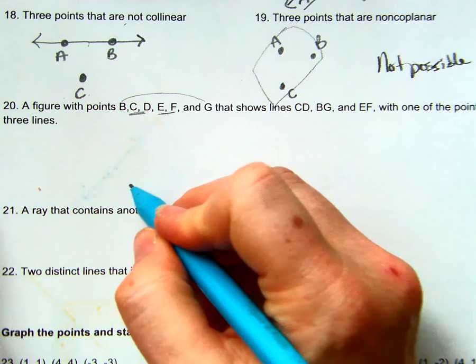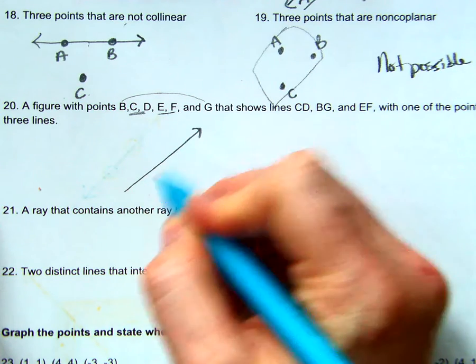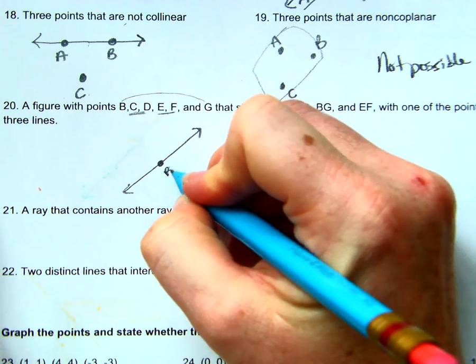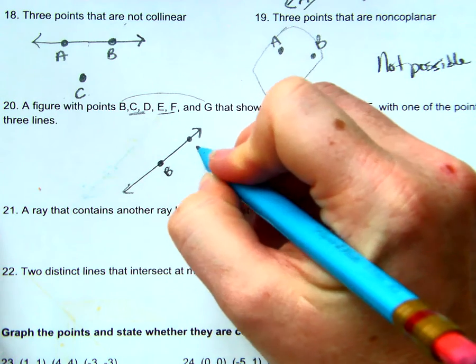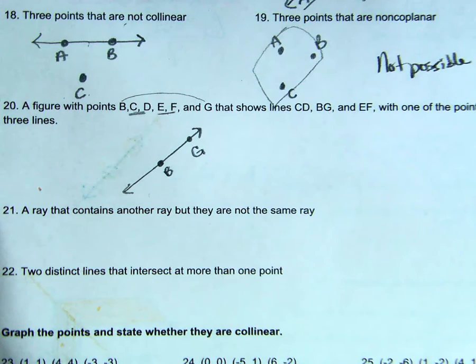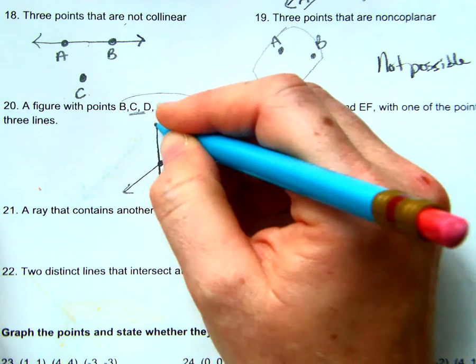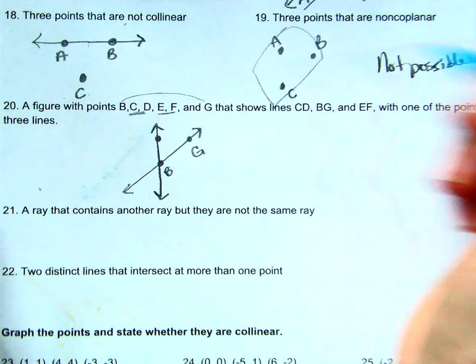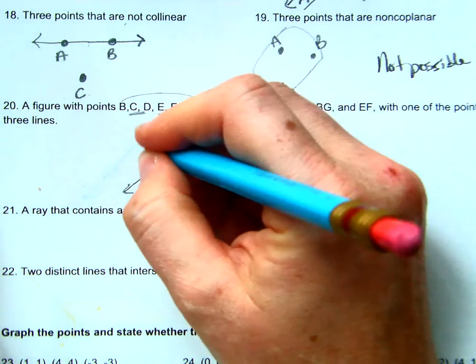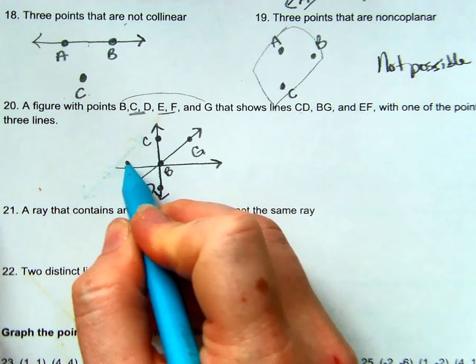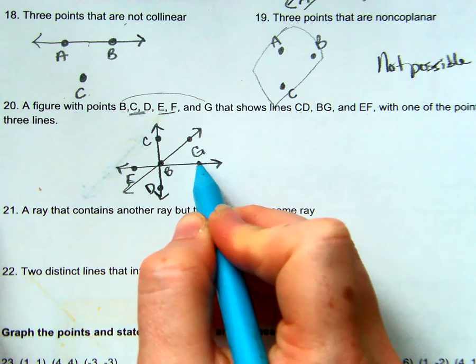Okay, so let's see if I can make the point be B. So here is BG. And here is CD, and EF. Here is EF.